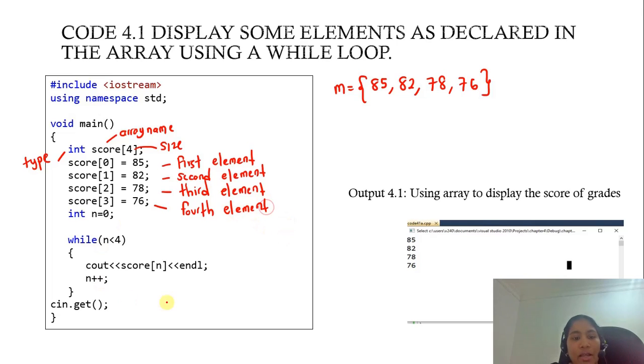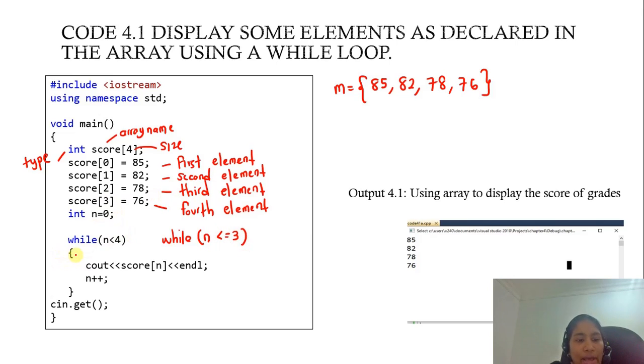Okay, now how can I produce the output for it? I'm using a while loop here, while n less than 4. So we have 0, 1, 2, 3. You can write it like this, or I can have while n less than or equal to 3.